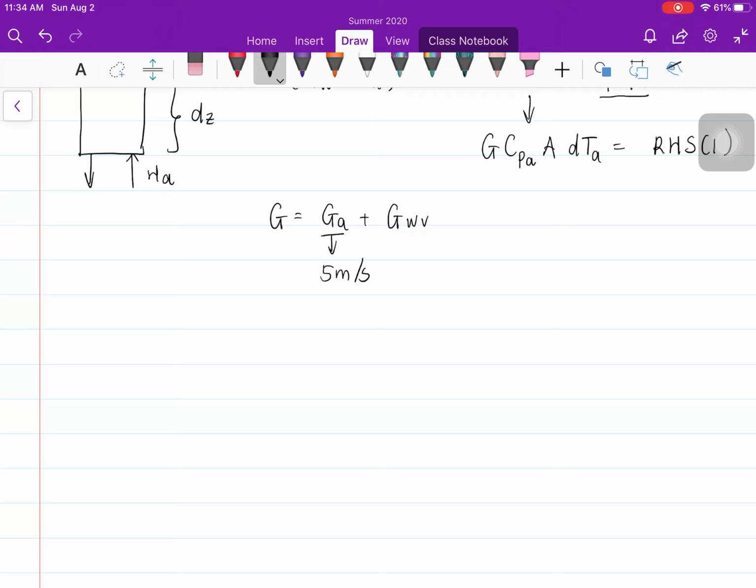Next, I would calculate the mass flow rate of air from the bottom.